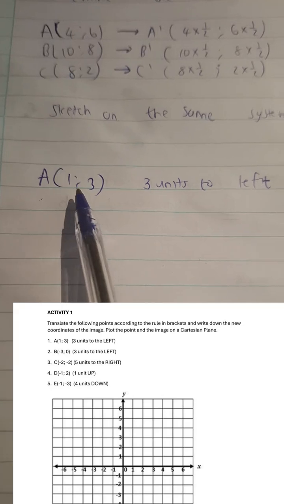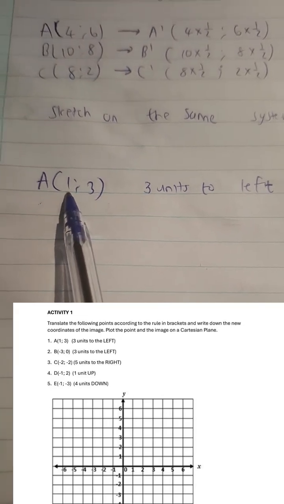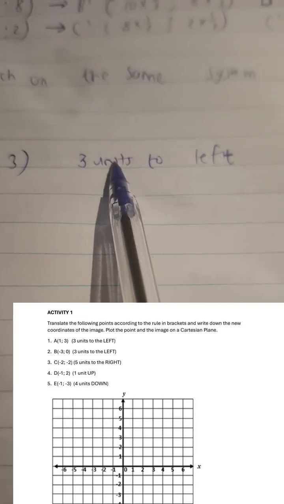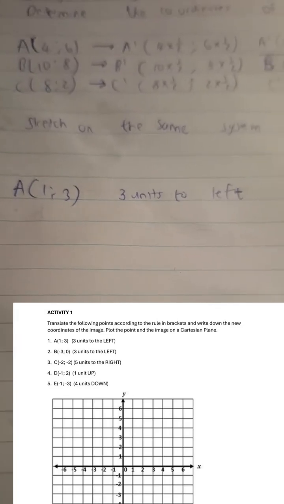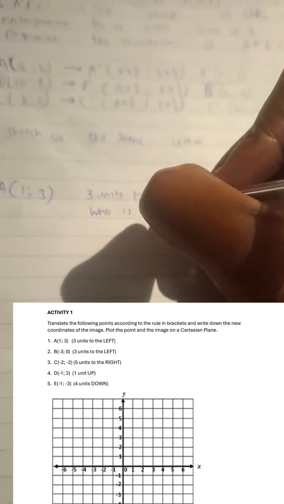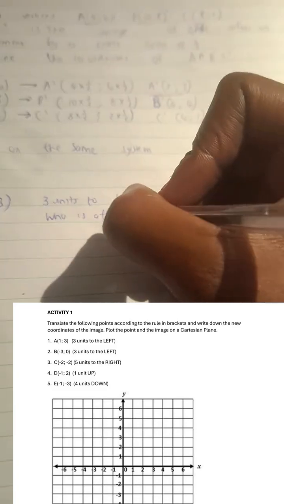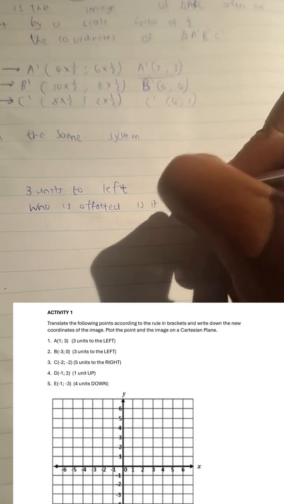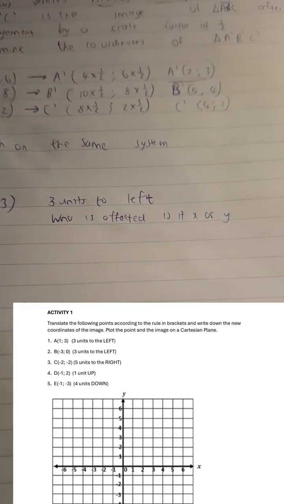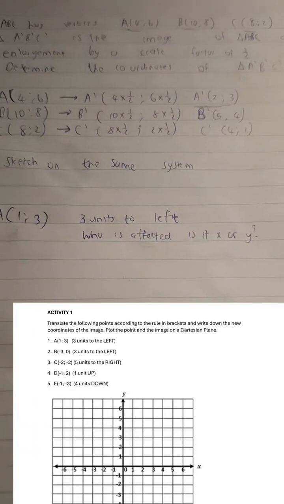So if we are saying point A (1, 3) is translated 3 units to the left, first question is, who is affected? Is it X or Y? If we are saying to the left, who is affected? Is it X or Y? So our first question needs to be answered, who is affected?